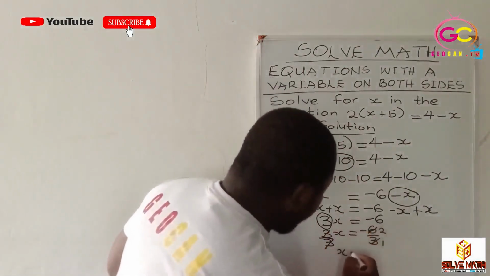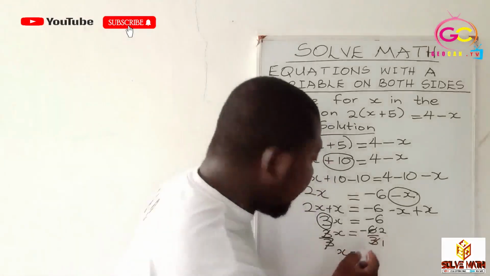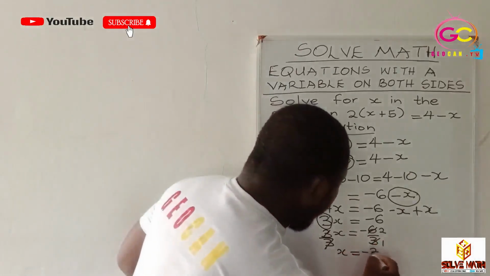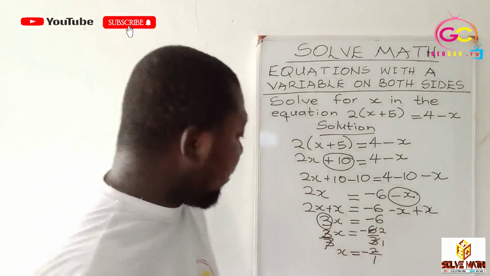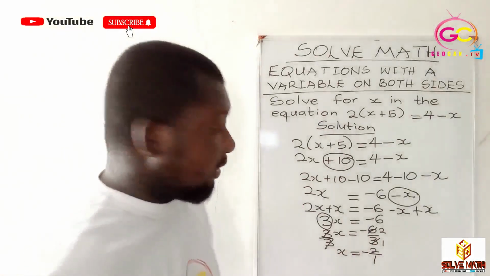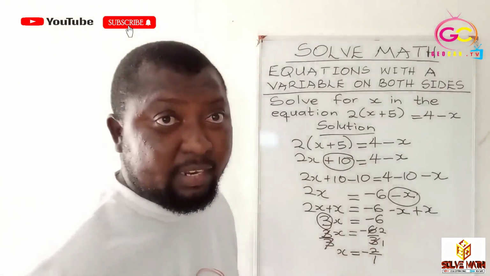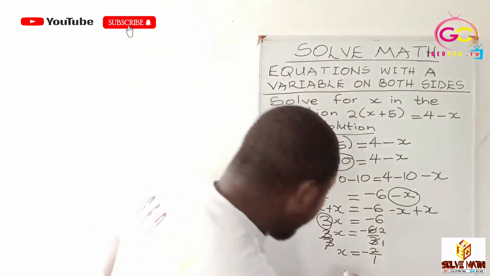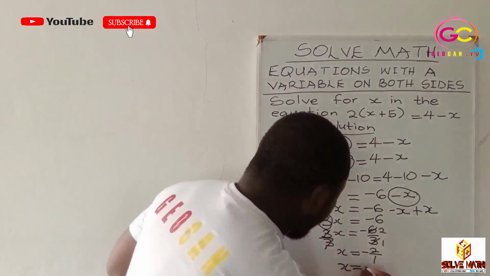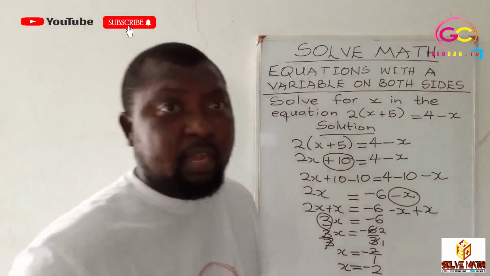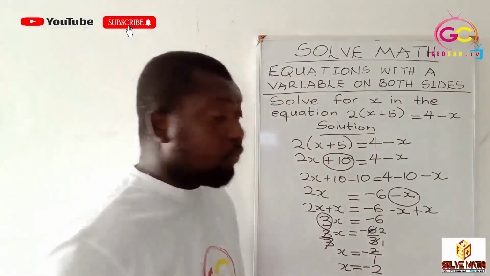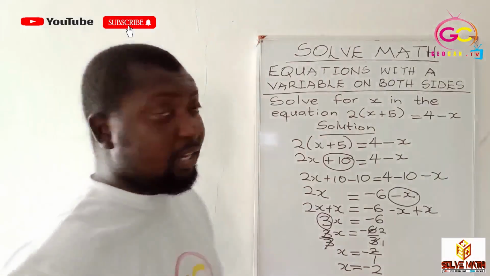So x will be equal to, don't forget a negative, negative 2 over 1. Now, any number over 1 at all is the same as that number. So negative 2 over 1 is the same as negative 2. So x will be equal to negative 2. Easy as A, B, C, D.